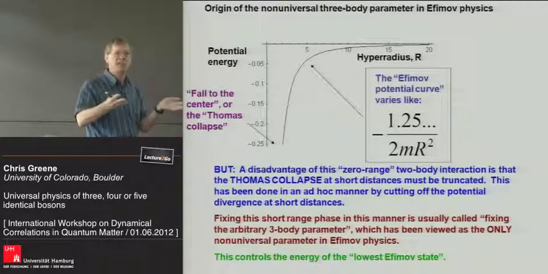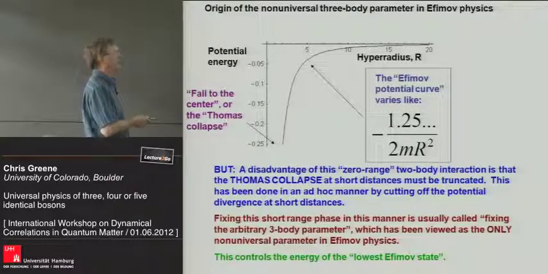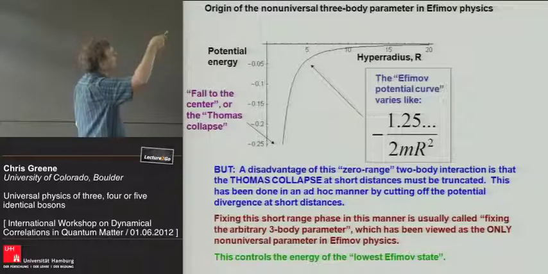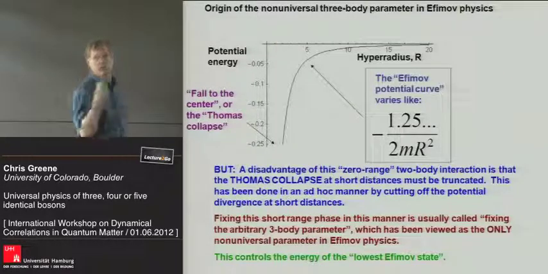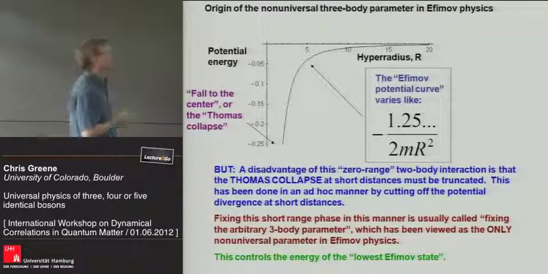There is no system in nature known where the 1 over r squared attraction goes all the way to 0 distance. So somehow you have to fix the phase at some small but finite distance to reflect this physics, or change the potential to something more realistic.